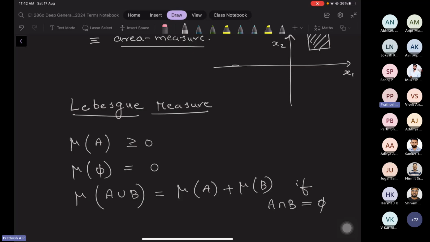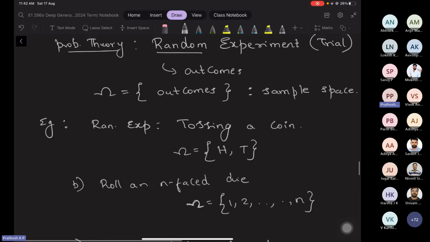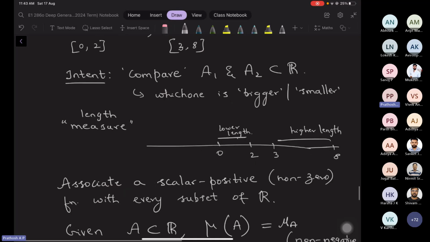So now why did I talk about this? Remember that we were looking at random experiments and at outcomes. Now, what are outcomes? We do have a set here, which is the set of all possible outcomes of a random experiment, and we call that the sample space.